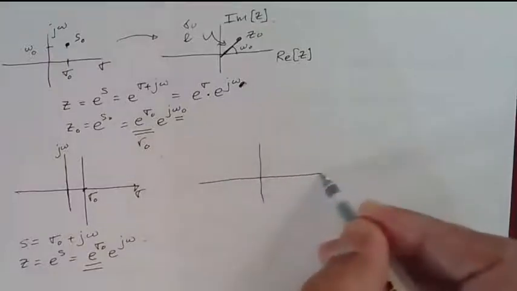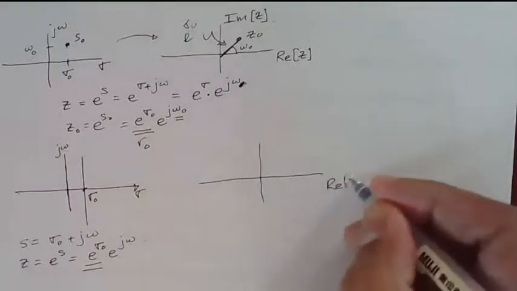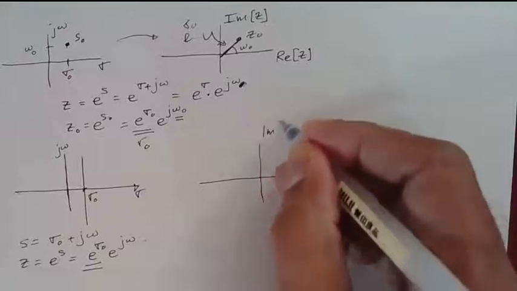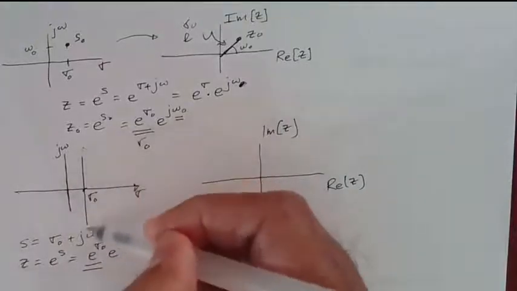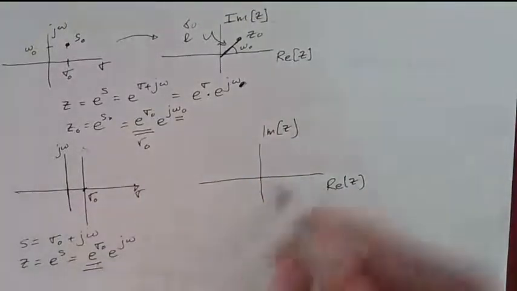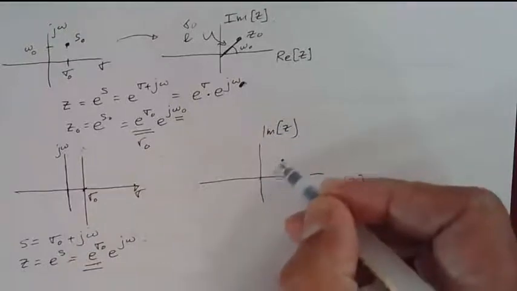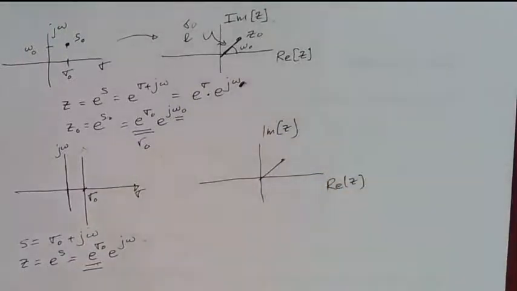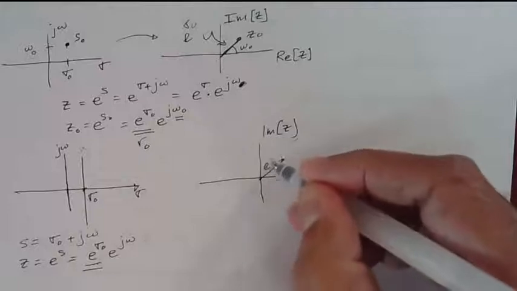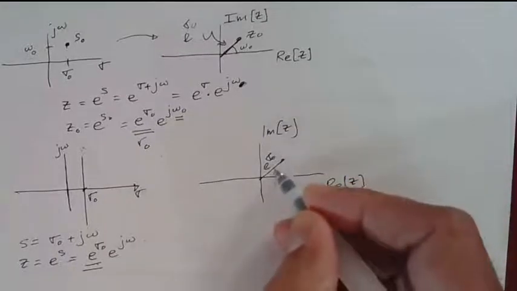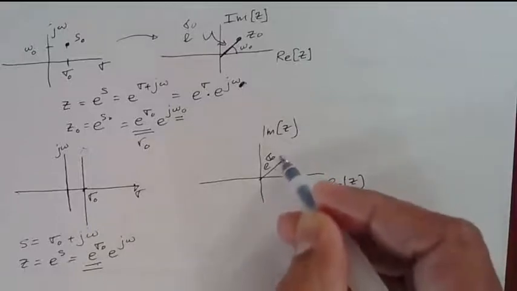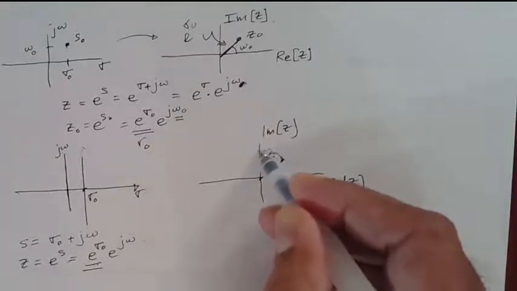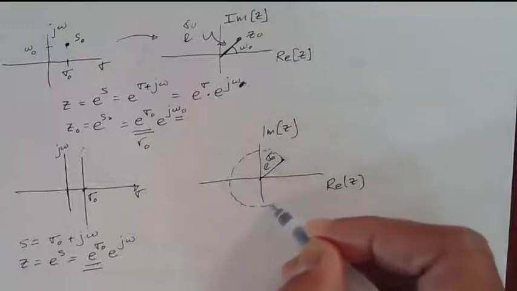So if I go over here, real part of Z, imaginary part of Z, all the points Z corresponding to points along this line will have a radius, or a distance. This distance will be e to the power sigma 0. But the angle can be anything. The angle can vary all over the place. So what that means is if I take all possible angles, then I end up with a circle.